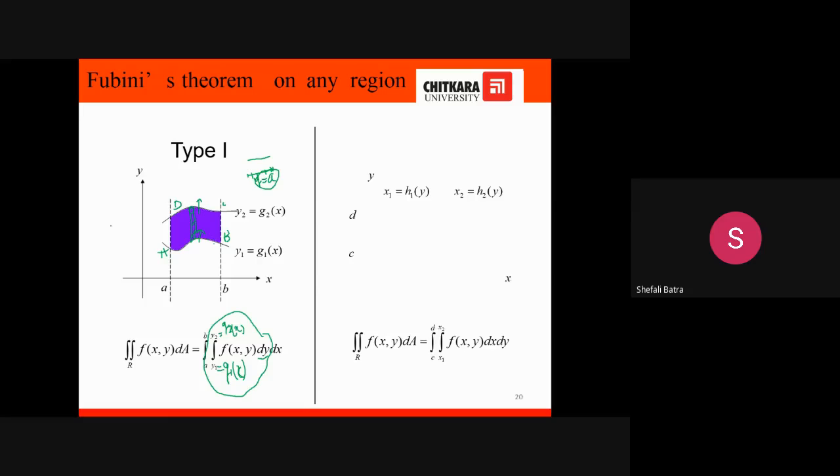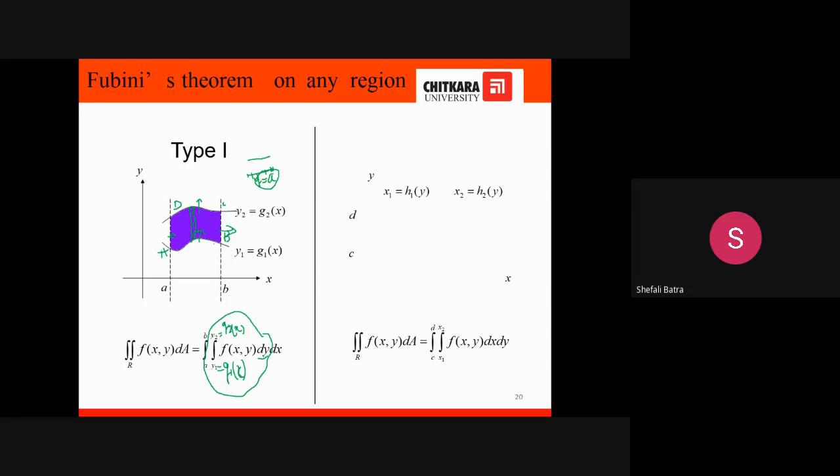So for sliding horizontally, you need limit of x, and that would be constant. So you are starting from here. What is this line? x is equal to a. So lower limit of x would be a, and upper limit would be b. So a to b.